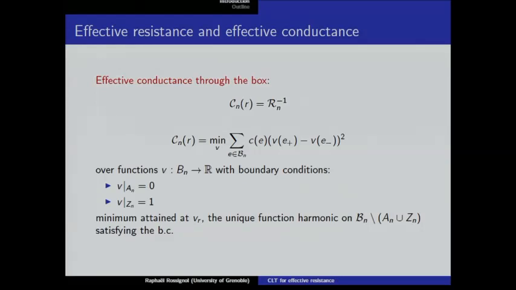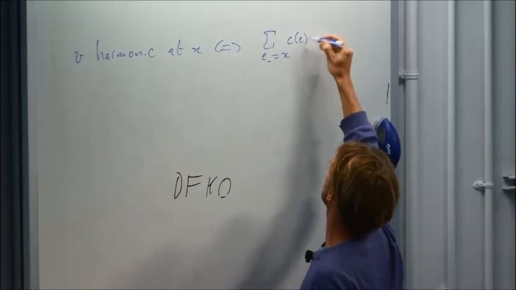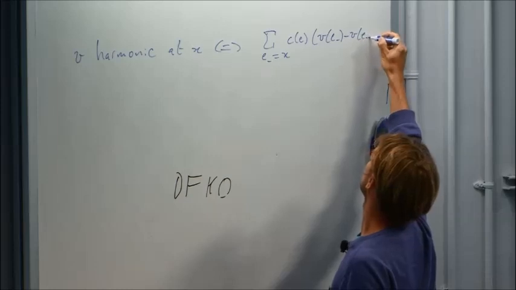What's a harmonic function? Here harmonic function means that when you have the weights given by the conductances, V is harmonic at x if and only if the sum over all edges e starting from x of c(e) times (V(e^-) minus V(e^+)) equals 0.